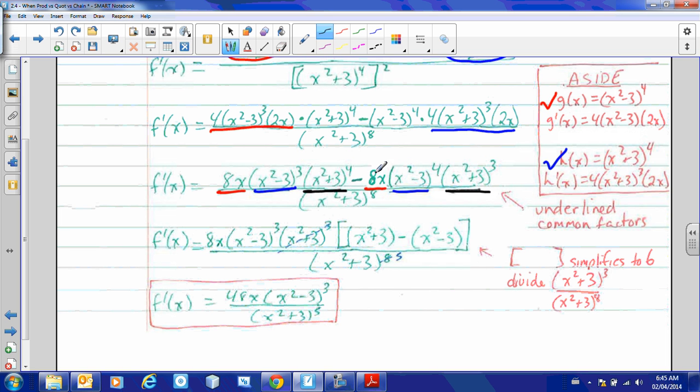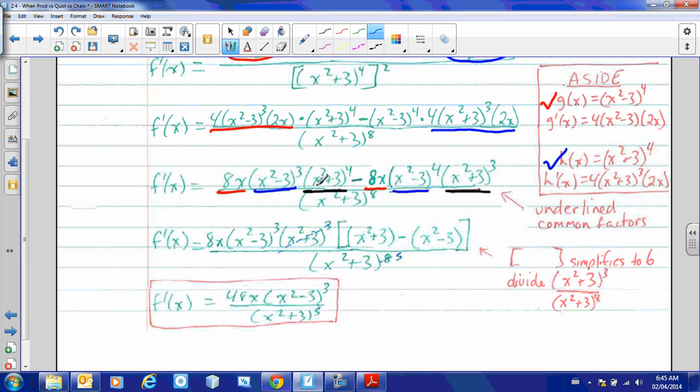And so there's common factors throughout. The common factors, the 8x, I have x squared minus 3 cubed in both sections, and x squared plus 3 cubed in both sections. What I'm left with is 1 x squared plus 3 in the front part, minus 1 x squared minus 3 in the second part.